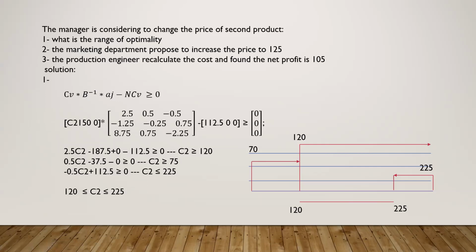The next question is, you have a row vector in the inequality with a column vector. Why is it a row vector on one side and a column vector on the other?